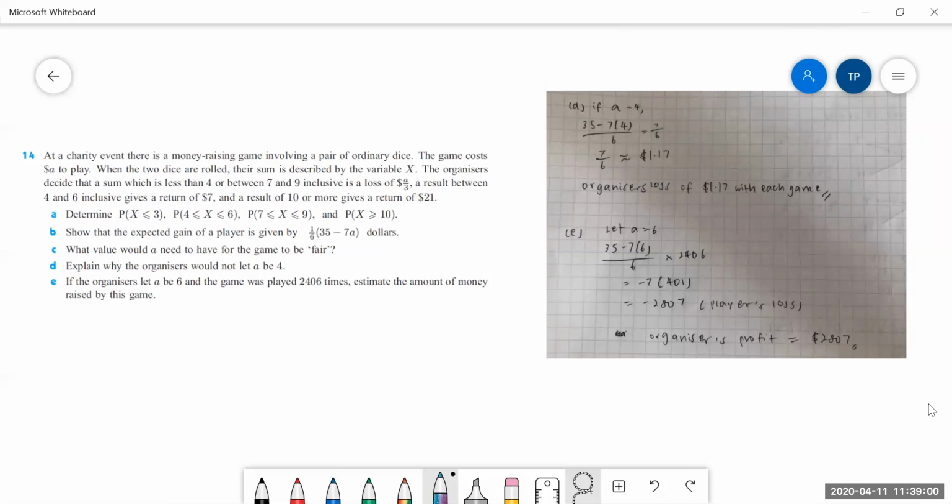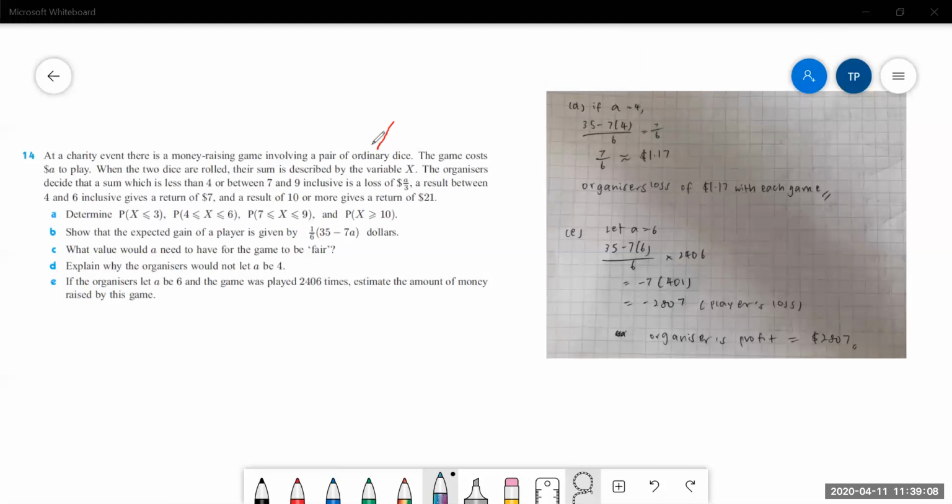All right. At a charity event, there is a money raising game involving a pair of ordinary dice. Means it's a fair die, yeah? The game costs $8 to play. Okay, now we know the cost of playing is $8.